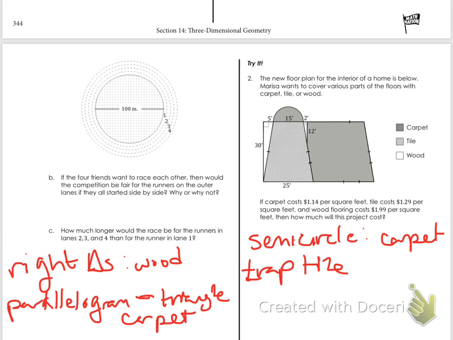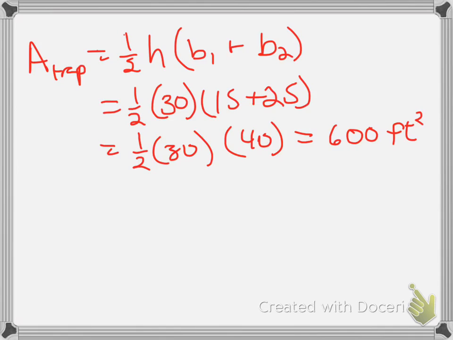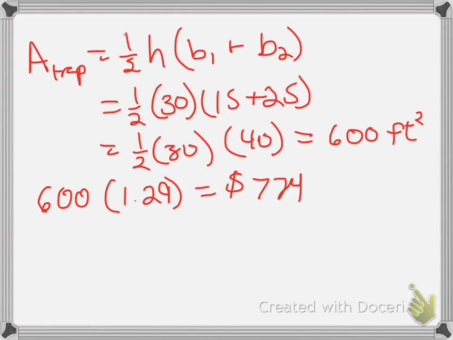So we are going to multiply that 600 square feet by $1.29 per square foot. And we're going to get $774 for just that part. That's just the tile section. Okay?